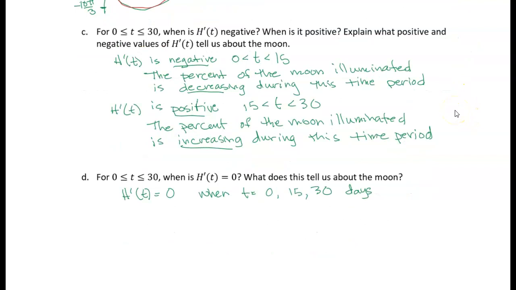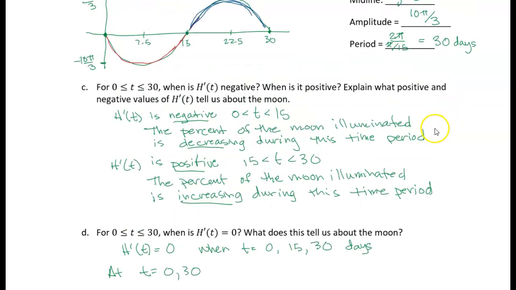Essentially, what that's telling us is that at t equals 0 and 30, those are the times when we're going from positive, and then you can see we would eventually go negative, so here we're going from positive to negative.